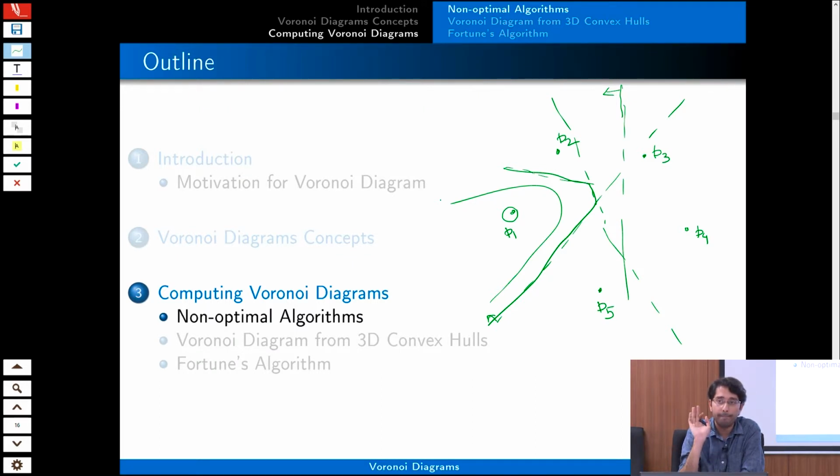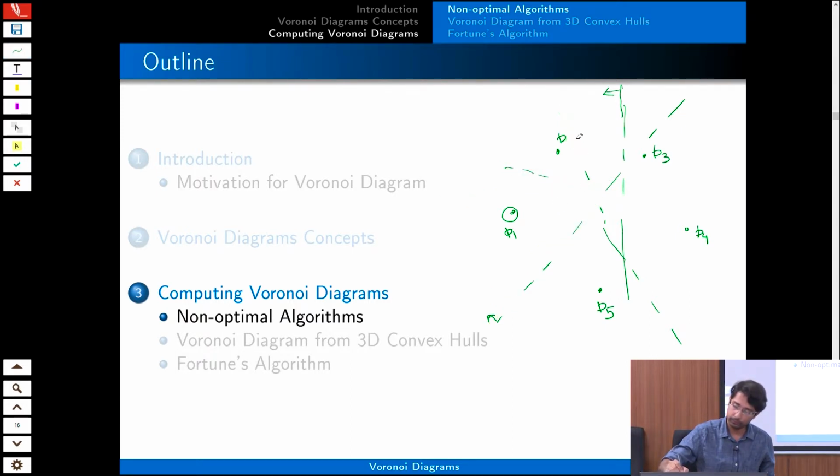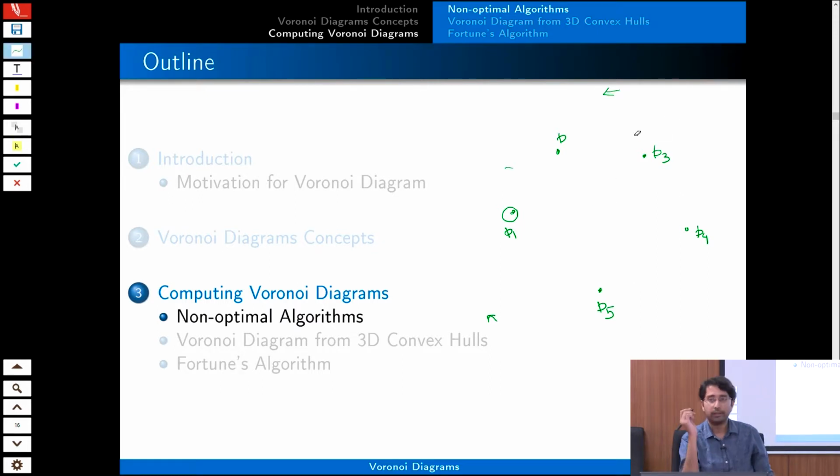Still with me? There is another suggestion that came: if we are interested in finding the Voronoi vertices, what is the property of a Voronoi vertex?